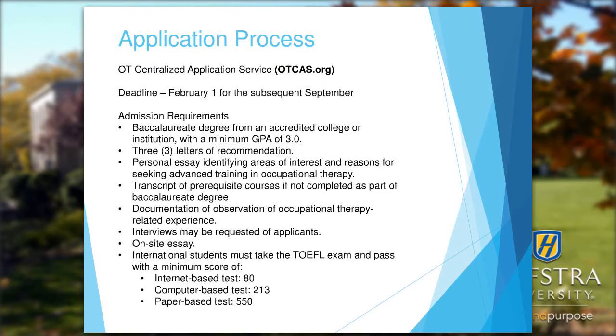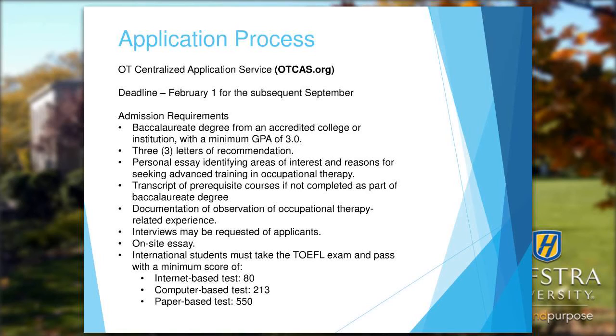The application process for the program is through the Centralized Application Service, referred to as OTCAS. The deadline for application is February 1st for the subsequent semester. Admission requirements, as listed on this slide: a baccalaureate degree, a GPA minimum of 3.0, three letters of recommendation, and a personal essay identifying areas of interest and reasons for seeking advanced training in occupational therapy.